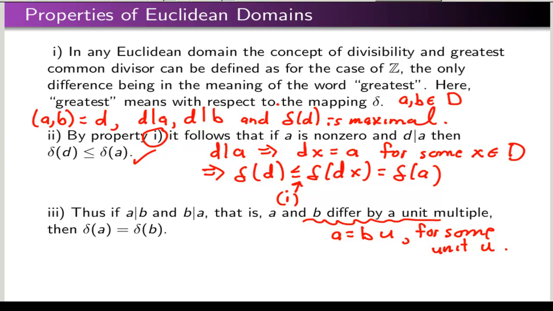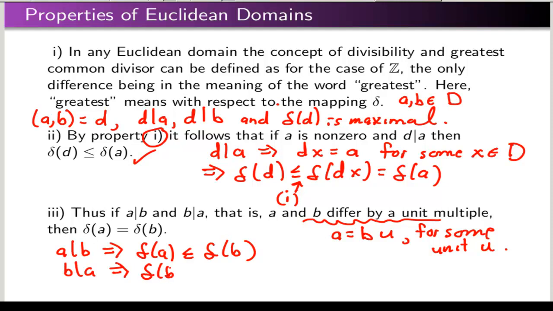So why is that? Well, if A divides B, that means that delta of A is less than or equal to delta of B, and B divides A means that delta of B is less than or equal to that. And you put these two together, and we get equality.